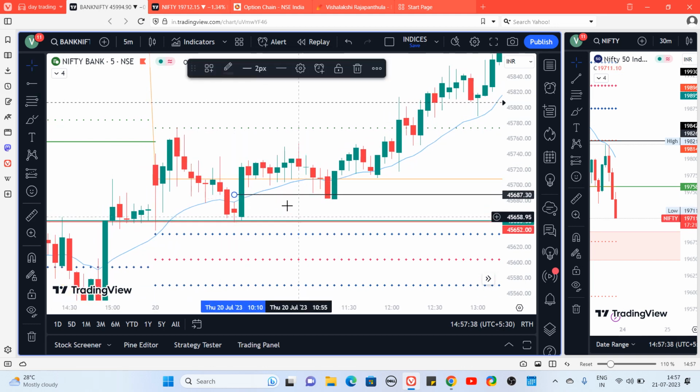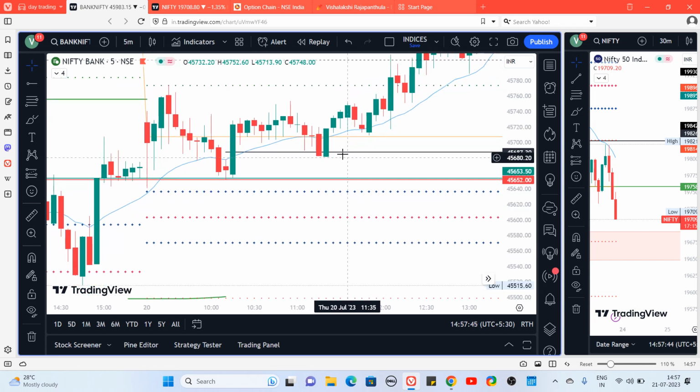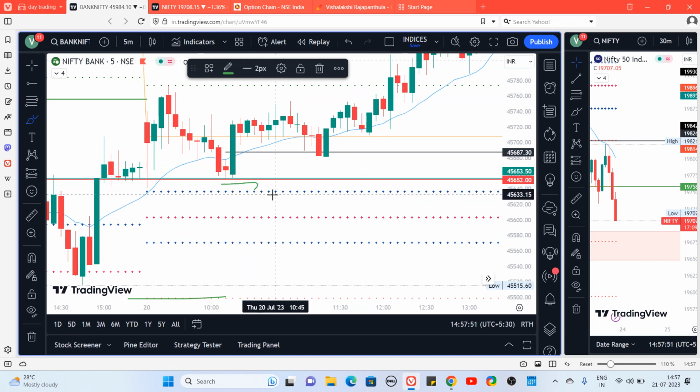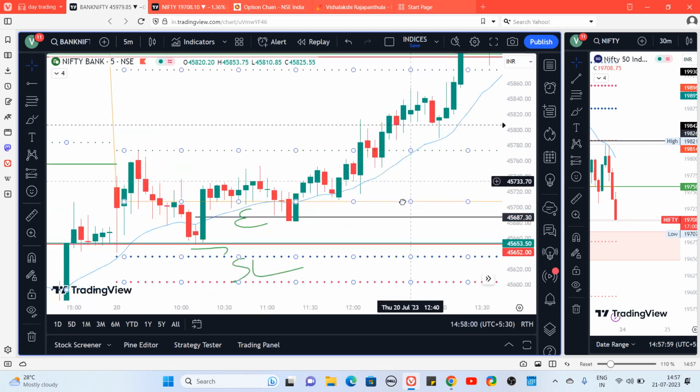They made a candle here. Once the price comes till here, they enter the market and put the stop loss below the all-time high. This is the SL. This is the entry, and your target should be at least 1:4 on these days.